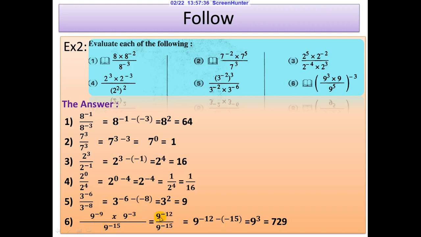It will be equal 9 raised to power negative 12. And write 9 raised to power negative 15 as it. And now we subtract their power. Write 9 and subtract negative 12 minus negative 15. It will be finally equal 9 raised to power 3 equals 729.